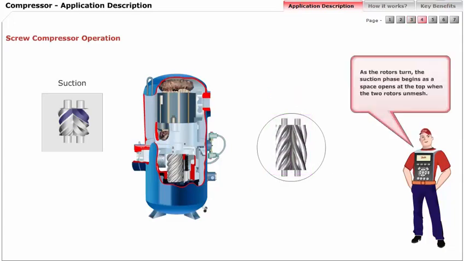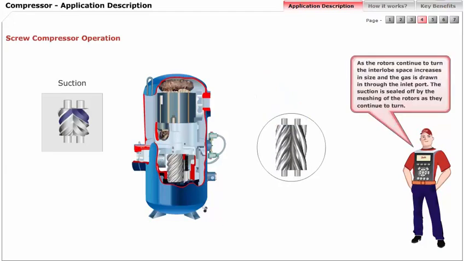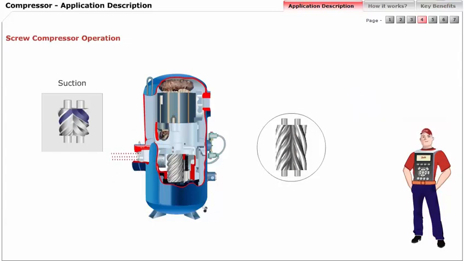As the rotors turn, the suction phase begins as a space opens at the top when the two rotors unmesh. As the rotors continue to turn, the interlobe space increases in size, and the gas is drawn in through the inlet port. The suction is sealed off by the meshing of the rotors as they continue to turn.